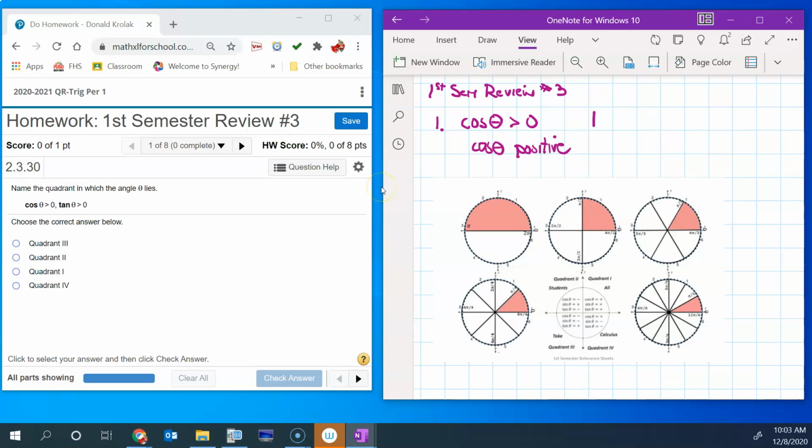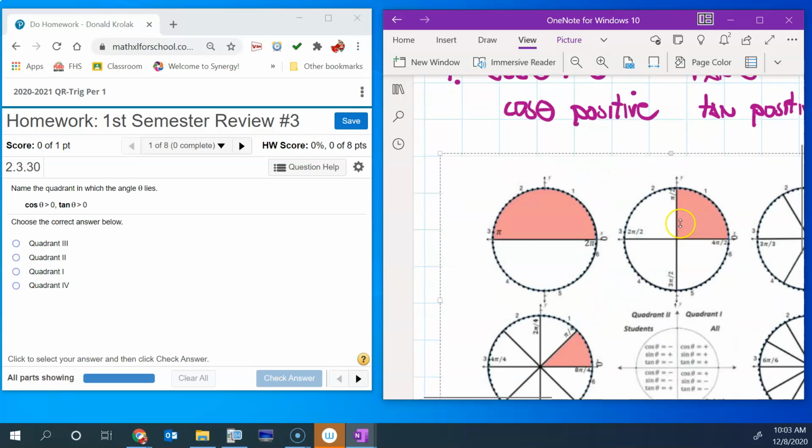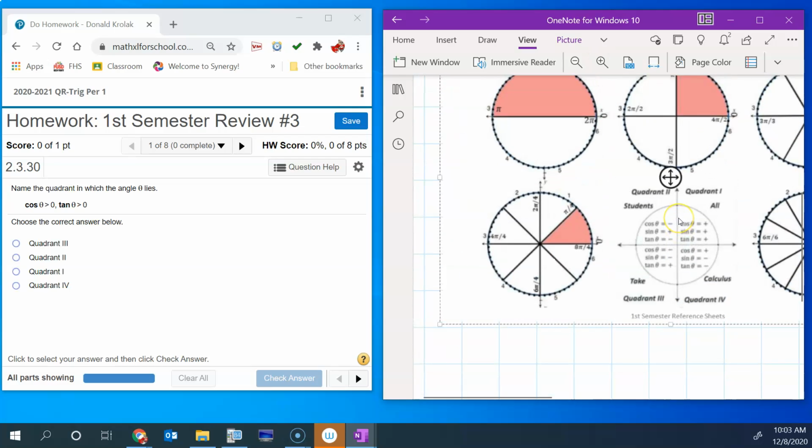And at the same time, the tangent of the angle is also greater than 0. So tangent is positive. So I'm going to look at my quadrants, and I'm going to find on my reference sheet, and I'm going to look for where is cosine positive and tangent positive.